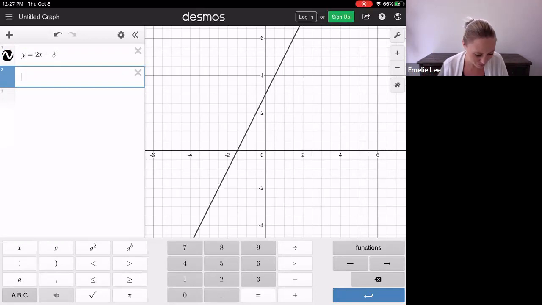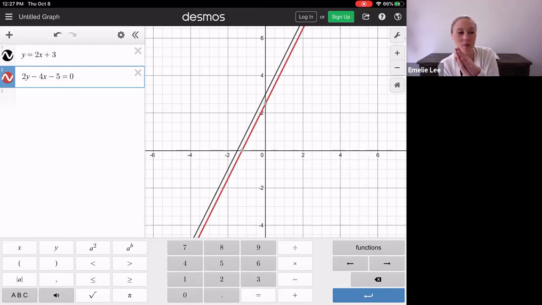So I get 2y, and I'm just going to put it in just as I see it, minus 4x minus 5, and then I'm going to set it equal to 0. Now I've got these two lines, and they sure do look parallel.